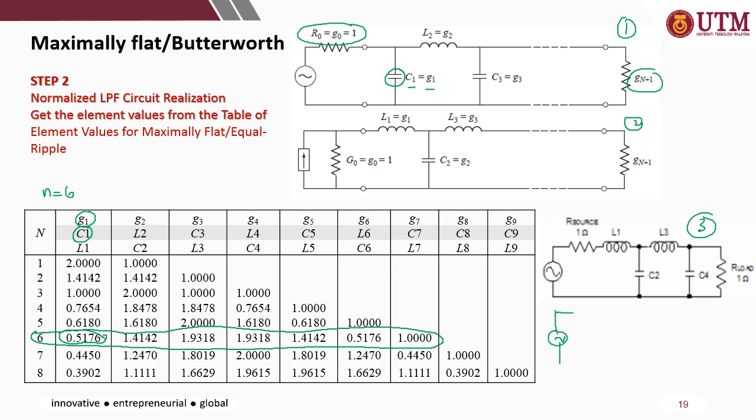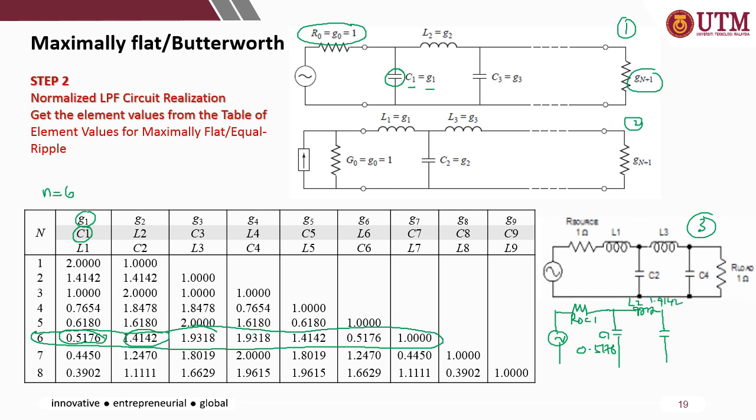This one is fixed, so R0 equal to 1. Then the first one is the capacitor C1, 0.5176, followed by the inductor L2, which will be using the next value, 1.4142.